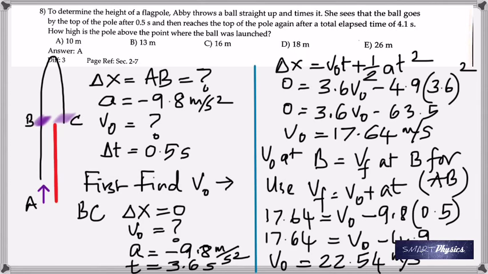Technically it's 22.5. Okay, so now that you know the initial velocity here, you know that the time it takes to go there to B is 0.5 seconds. You know the acceleration is negative 9.8 meter per second squared. You can now find the height of the flagpole. So back again to AB, we're trying to find the height of the flagpole.